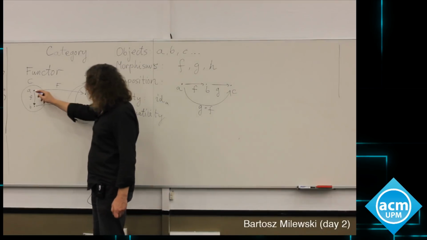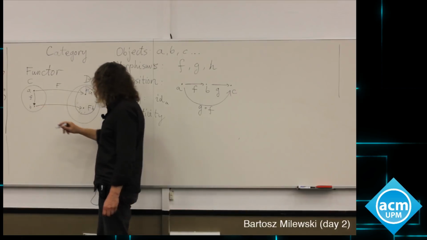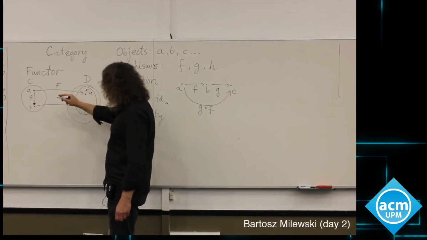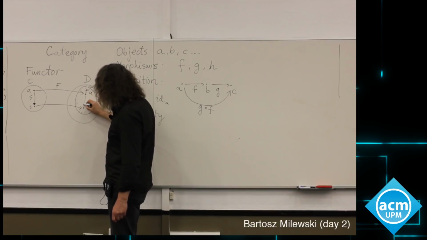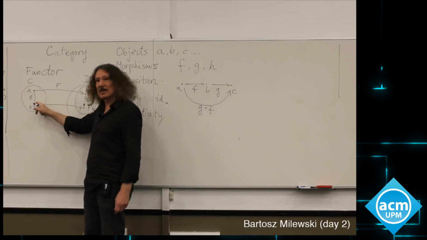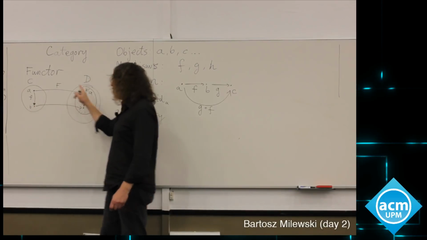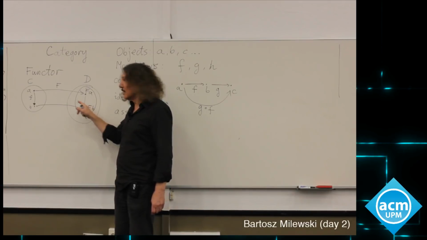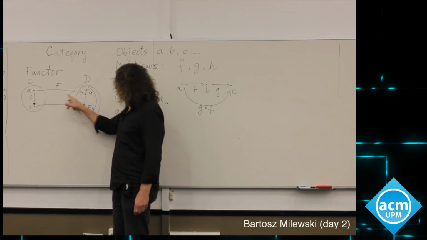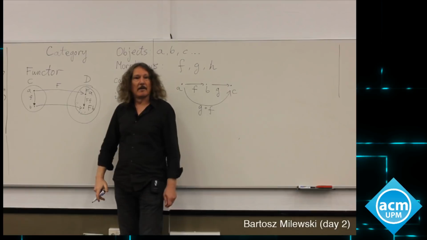So if we have a morphism from A to B, we would want this to be mapped into a morphism from FA to FB, right? So if these two things are connected in this category, we want them to be connected in the image as well, right? So every morphism here is mapped to a morphism. And we call this morphism here F acting on f, okay?